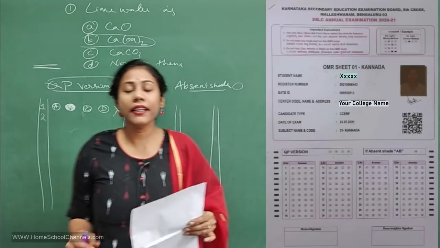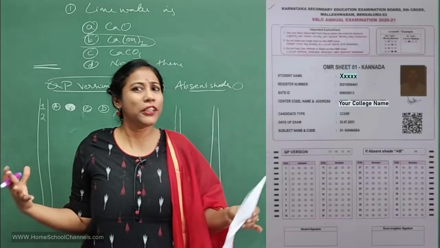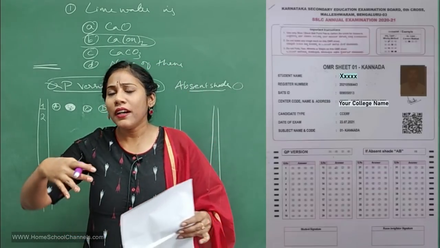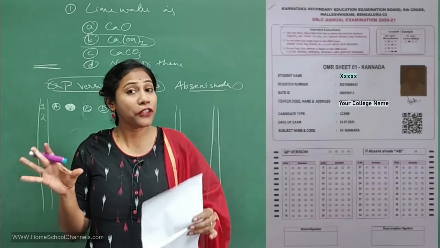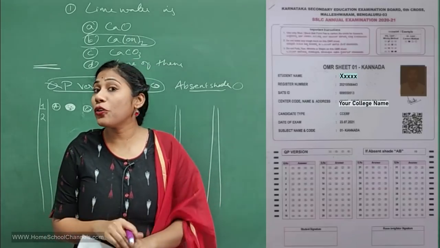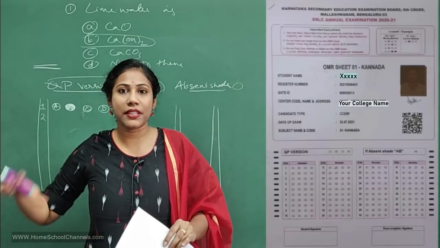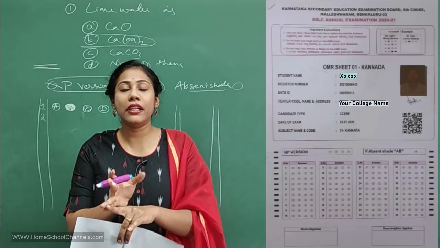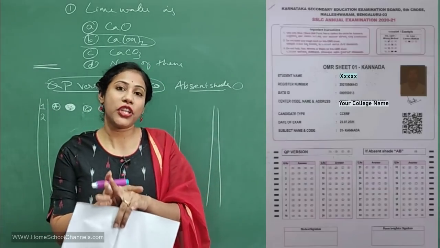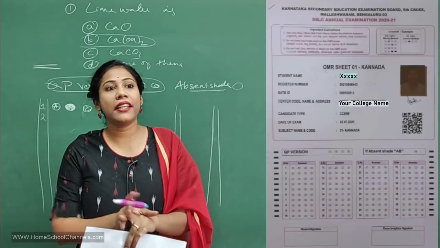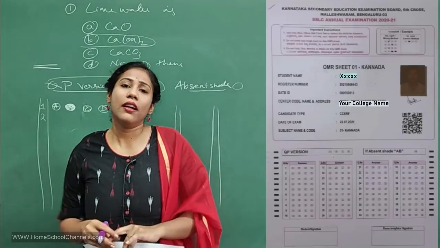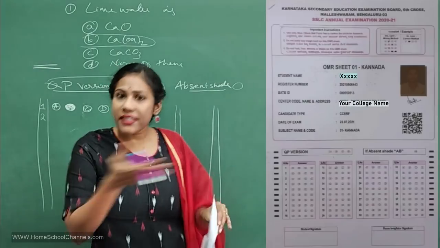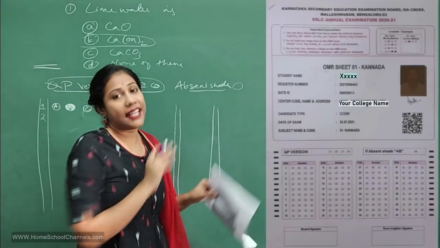Clear? And you know what? This is not a new pattern actually. You all are aware of the competitive exams that you are going to write after second PUC. That means after 12th, like CET, NEET for medical, and IIT, JEE for engineering. And in all these entrance examinations, they will provide OMR sheets like this only.